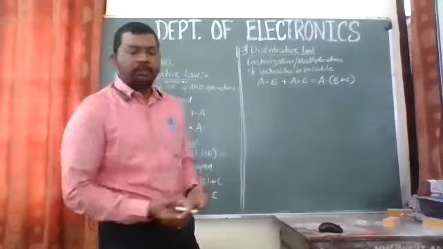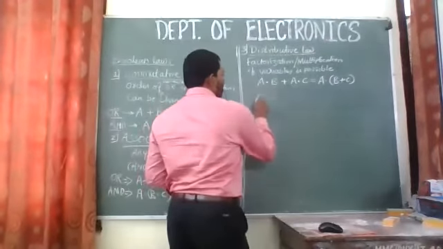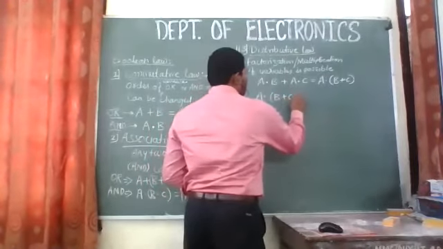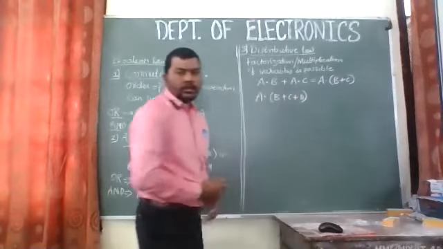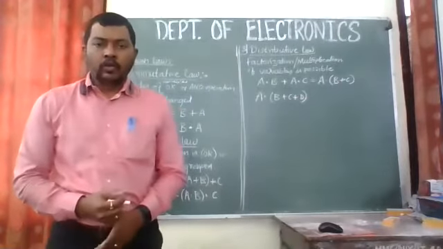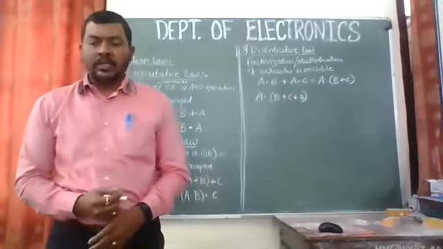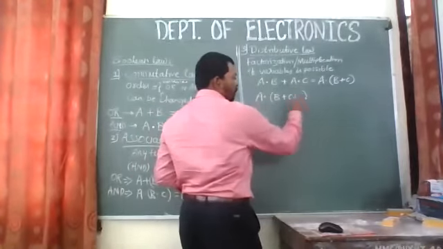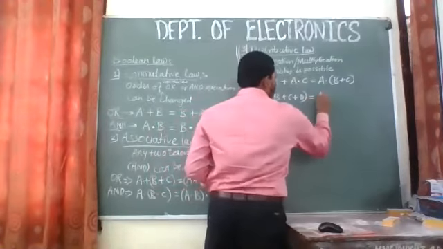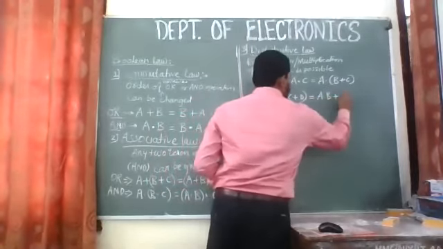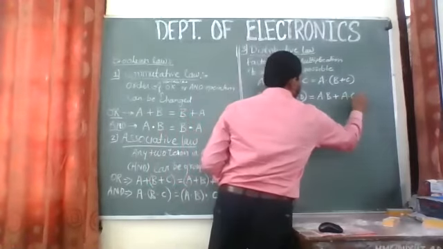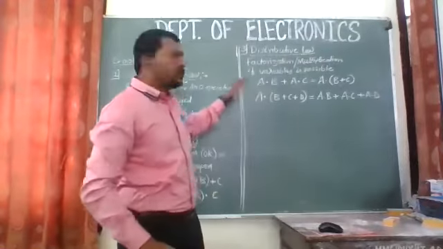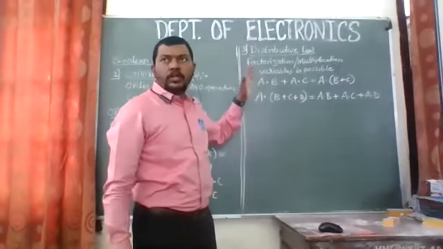So this is one. And for multiplication, similarly we can write A dot B plus C plus D. If we have taken four variables like this, A dot B plus C plus D, now the variable A can be multiplied to all. So we can write A dot B plus A dot C plus A dot D. So this is the distributive law.